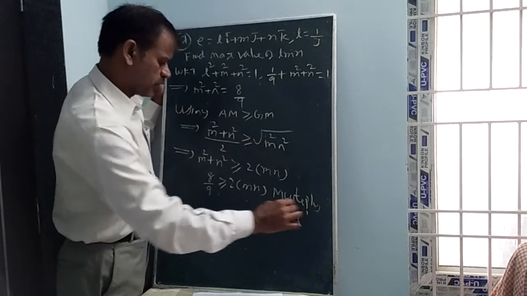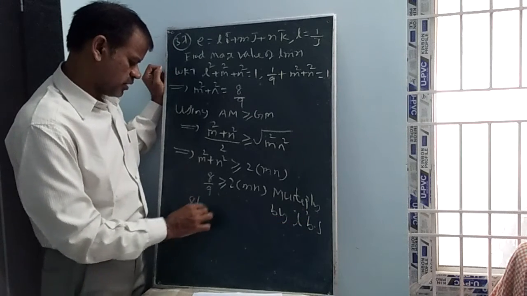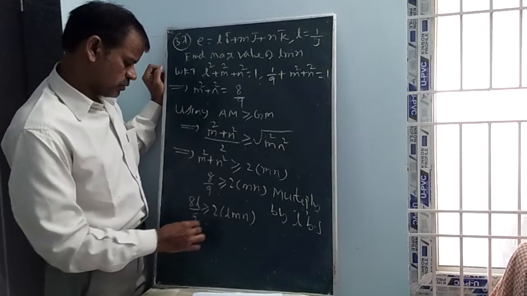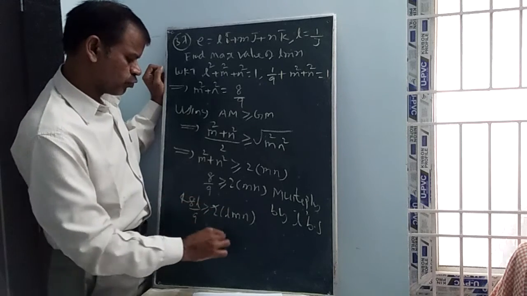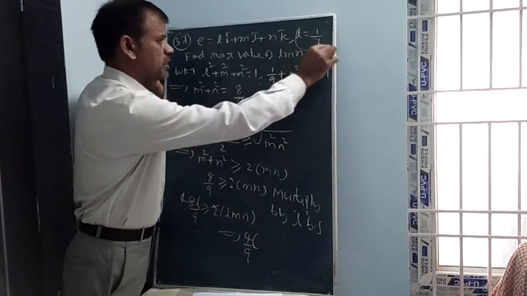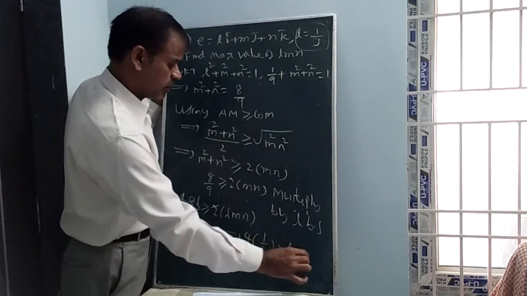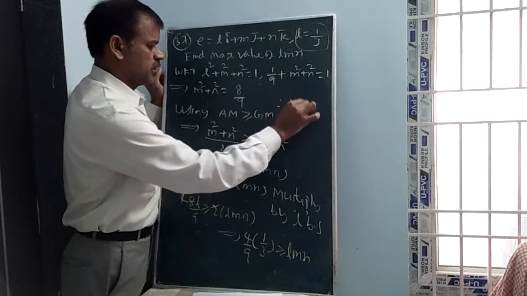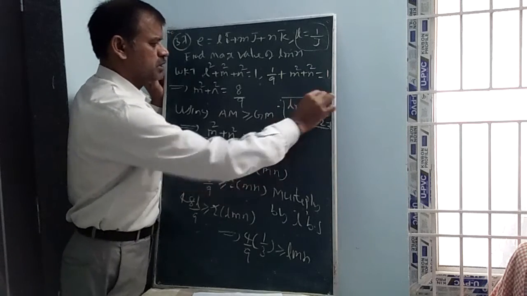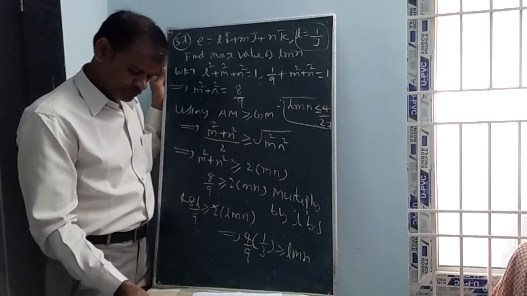Multiply by L on both sides: 8L by 9 is greater than or equal to 2Lmn. Cancelling the 2, we get 4 by 9 into, instead of L, 1 by 3, which is greater than or equal to Lmn. Therefore Lmn is less than or equal to 4 by 27. 4 by 27 is the maximum value of Lmn. So the option is the second option.